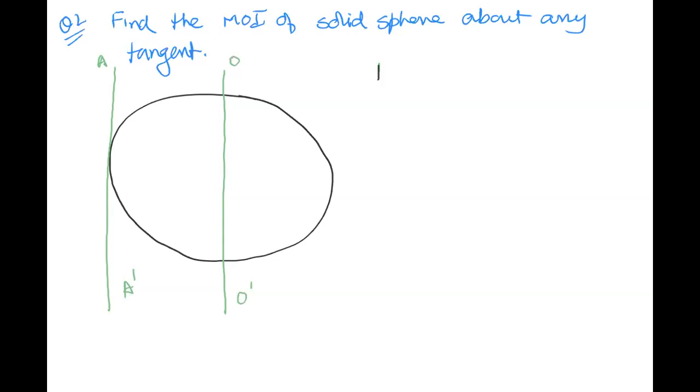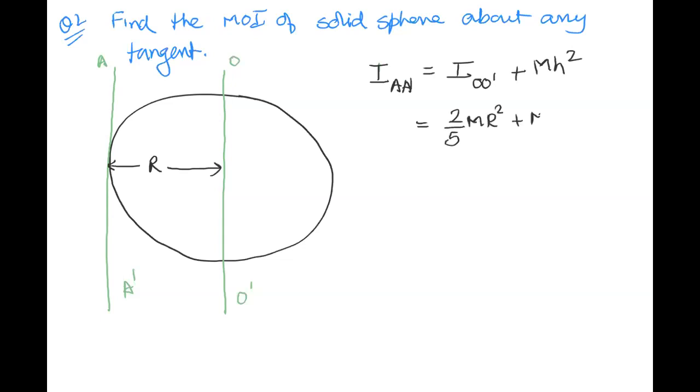नहीं खुशी बेटा गलत किया थोड़ा सा. I O dash is equal to... मैंने गलत लिख दिया. I A dash is equal to I O dash plus m h square, right? And this is R, so this must be h, so this must be equal to 2 by 5 m r square plus m r square, which is equal to 7 by 5 m r square.